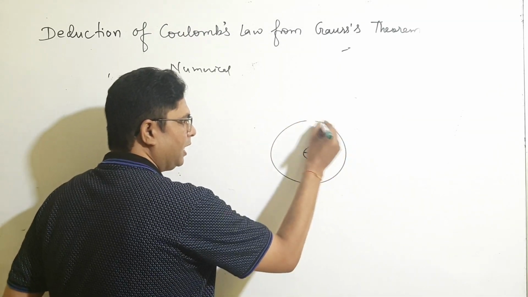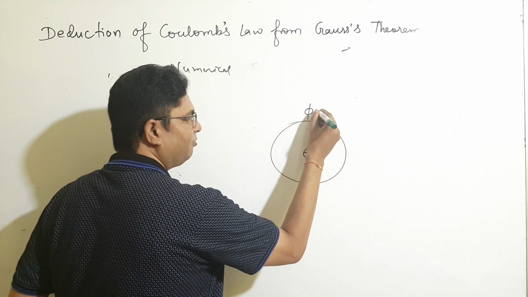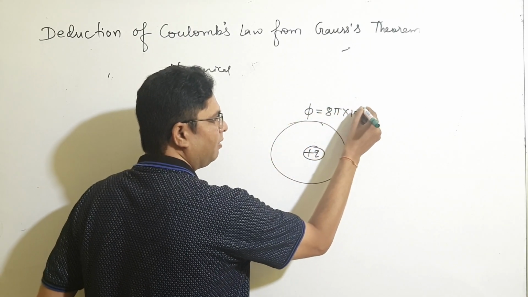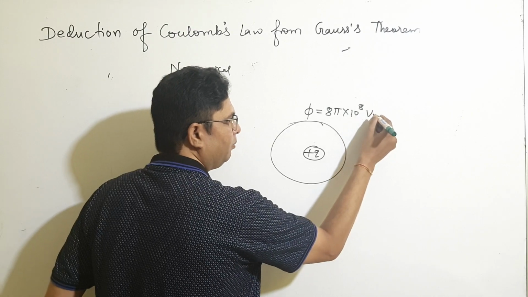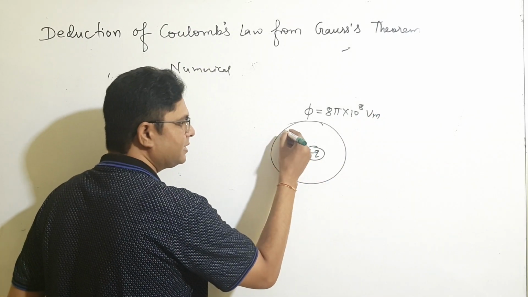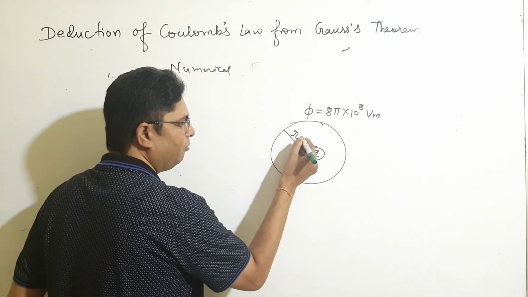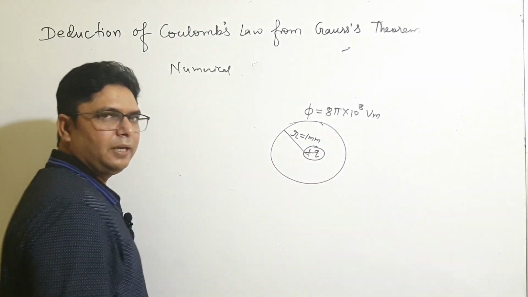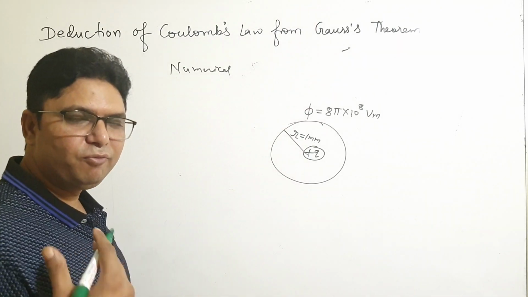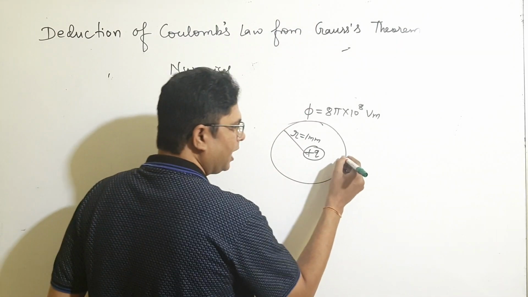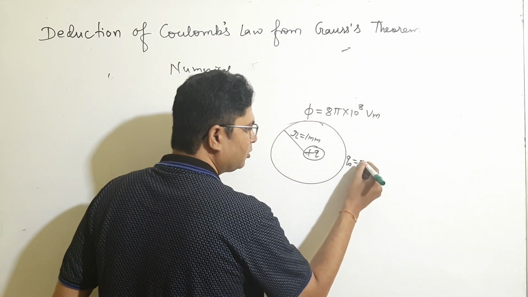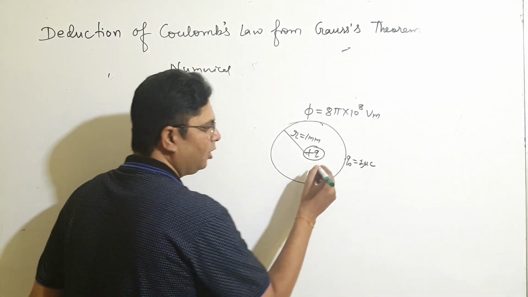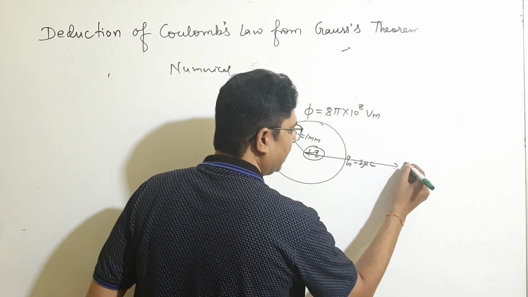This plus Q charge produces electric flux phi equals 8 pi 10 to the power 8 volt meter at a distance r, which is r equals 1 millimeter. Then what will be the force on a charge Q naught equals 1 microcoulomb when placed at the distance r? You have to find the force F.